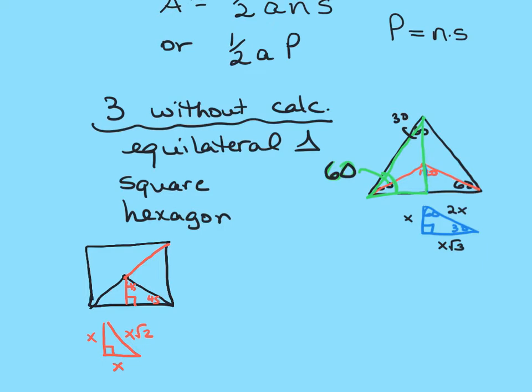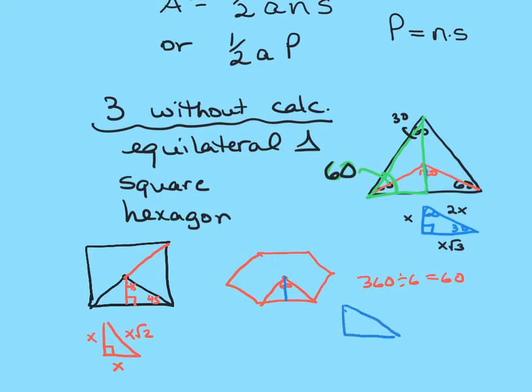Then the last one was the hexagon. Again, calculate the measurement of the central angle, 360 divided by 6. This central angle is 60. Again, you can drop down your apothem, create your right triangle here.